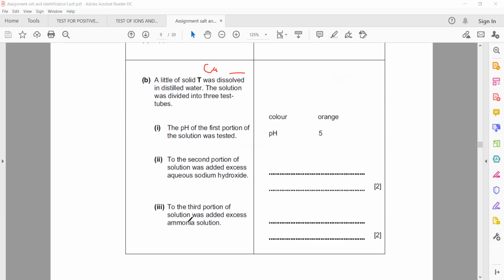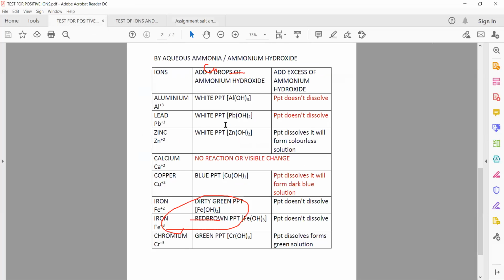To the third portion was added excess of aqueous ammonia. If you add excess aqueous ammonia to a calcium salt, what is the observation? Nothing, no reaction, no precipitate. No precipitate, no reaction, no visible change.